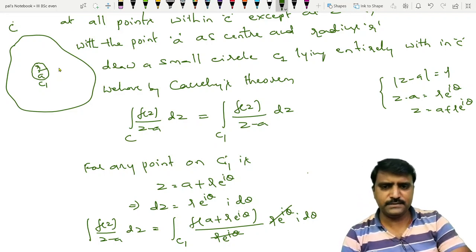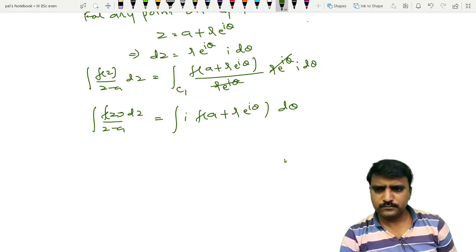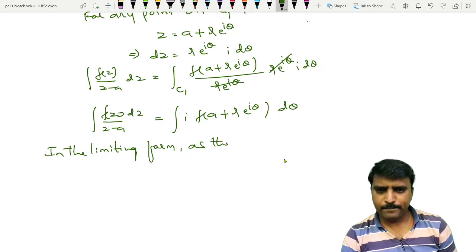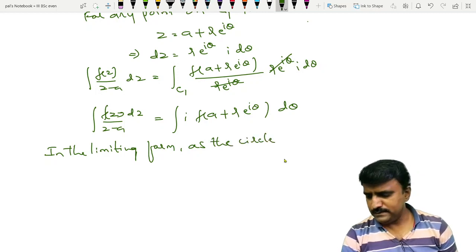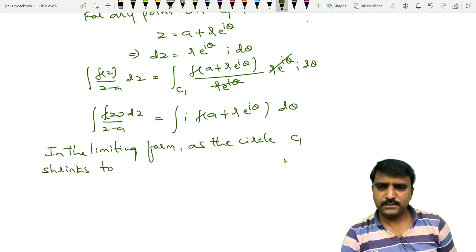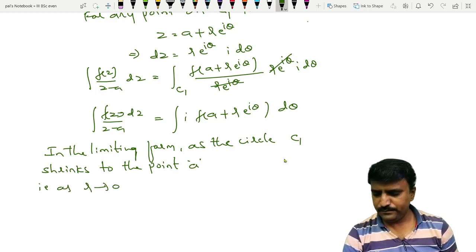In the limiting form, the circle C shrinks to the point a, that is, as r tends to 0, the integral.